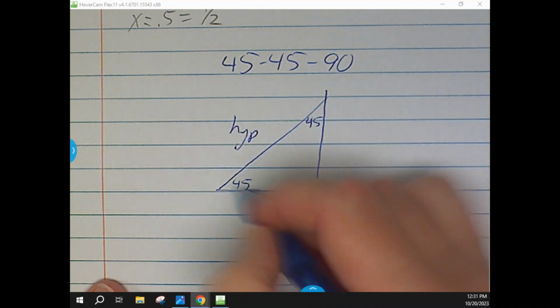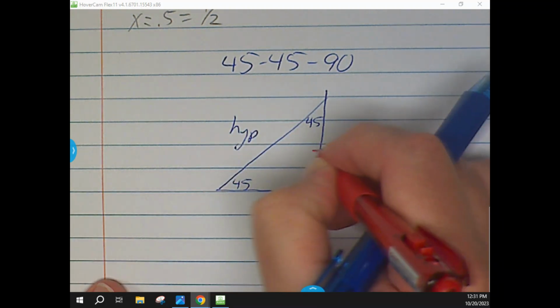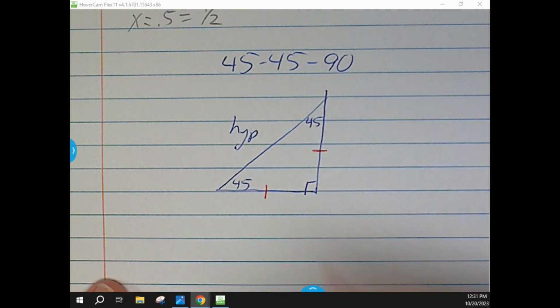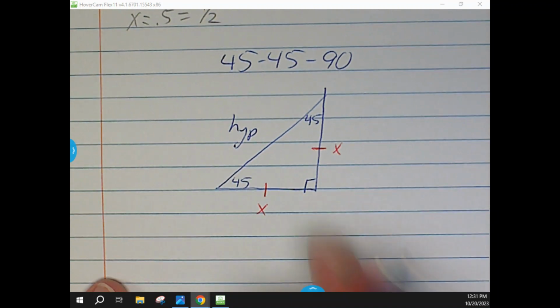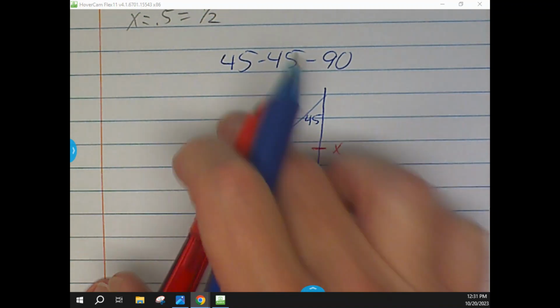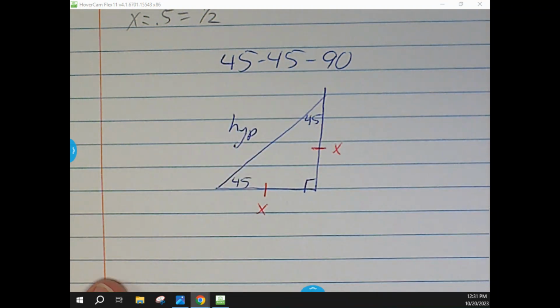If it's a 45, 45, 90, that means that these two sides here are the same. So if this is x, then that's going to be x. So these two sides are always the same. The hypotenuse will be different from the other two. But these two sides will always be the same. So if this is 8, this one's 8.